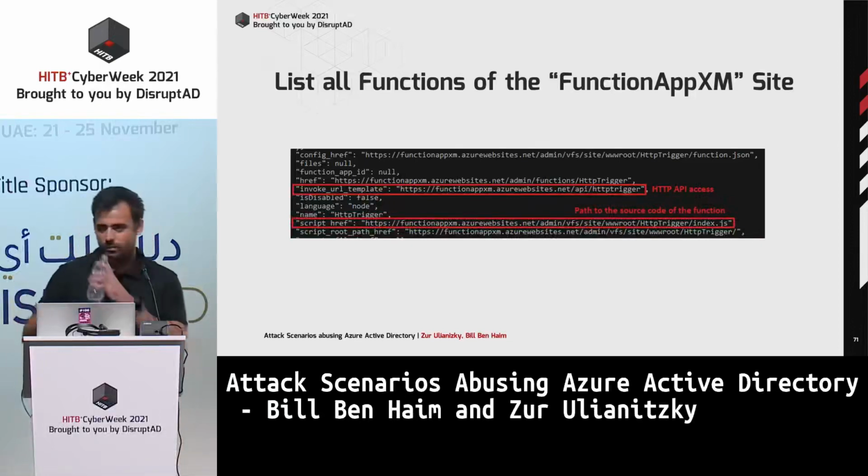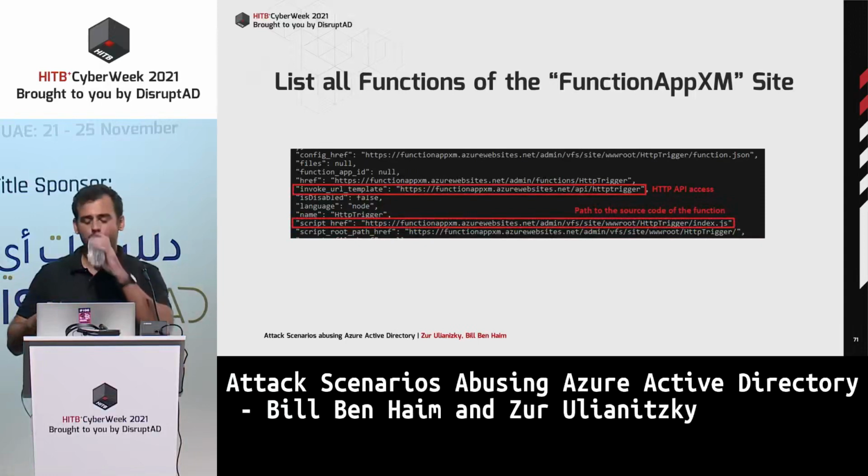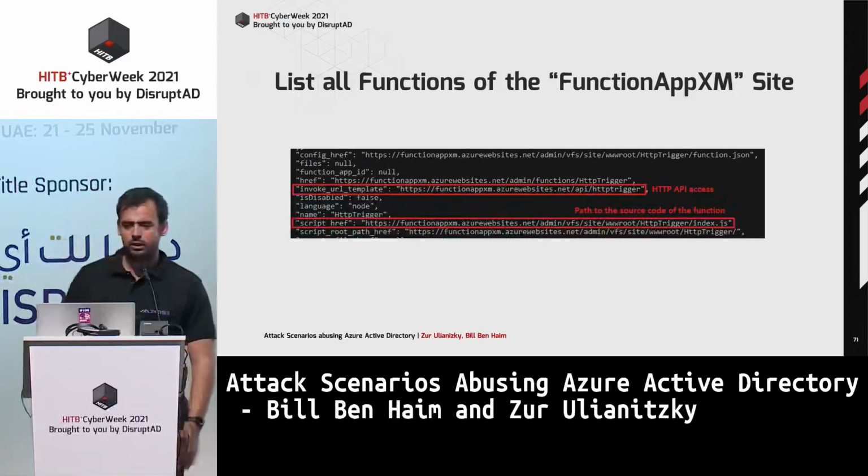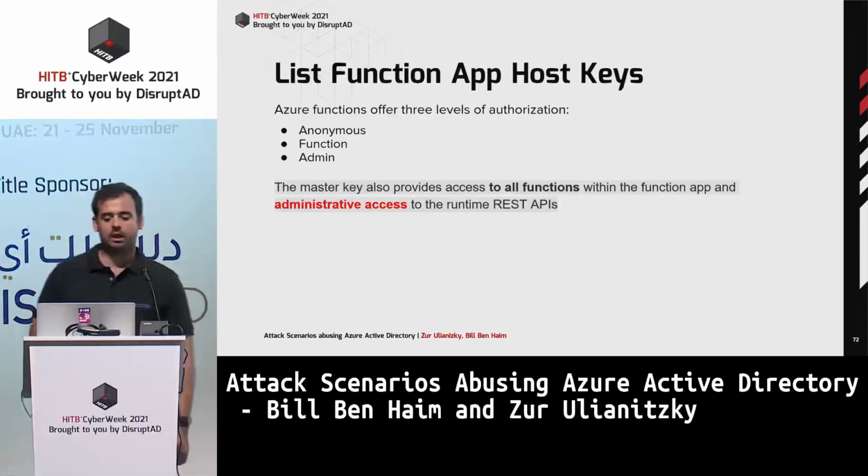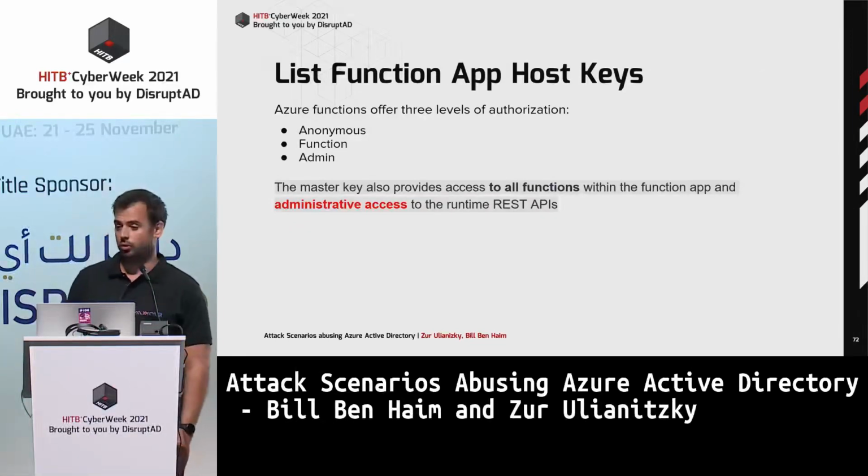He will need this specific information in later steps. Azure Functions offers 3 levels of authorization: anonymous, no key is required; function, the function app key or specific key is required; and admin, the master key is required.